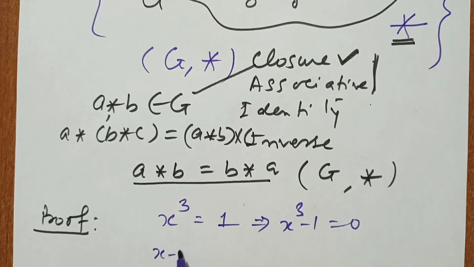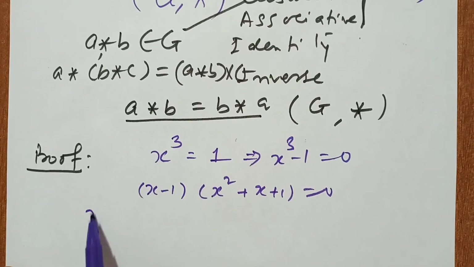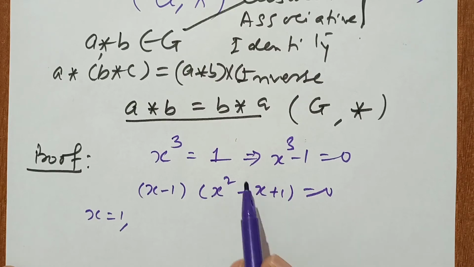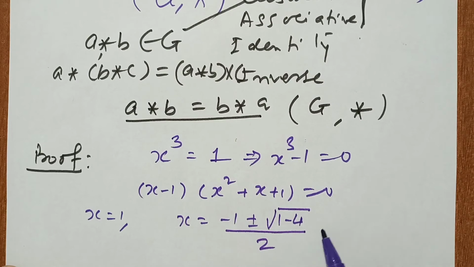So this is x minus 1 times x square plus x plus 1 equals 0. From here x is equal to 1, and the other factor is a quadratic equation. By the Sridharacharya method, x is equal to minus b plus or minus the square root of b square minus 4ac, upon 2a. So this is minus 1 plus or minus, with a negative under the square root, root 3 i by 2.